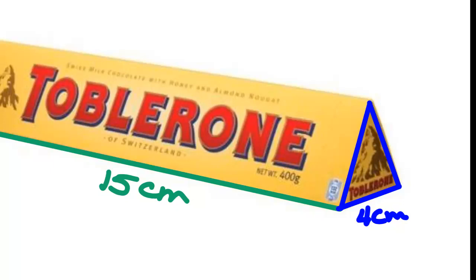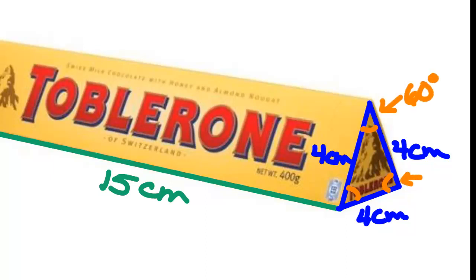So 4 centimeters, 4 centimeters, 4 centimeters. Since all the sides are the same length, what can you tell me about the angles? They're all 60 degrees. In an equilateral triangle, my angles will always be congruent, and they will always be 60 degrees.